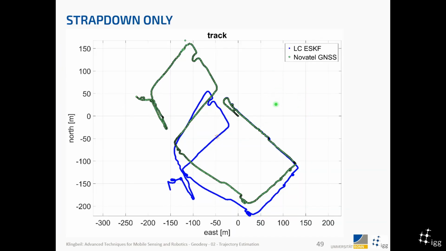First, let's have a look at a calculation which is only using strapdown. So this is no GPS, no odometer, nothing. It's simply integrating the IMU observations, as we've seen in the beginning as a repetition of the last semester's course.